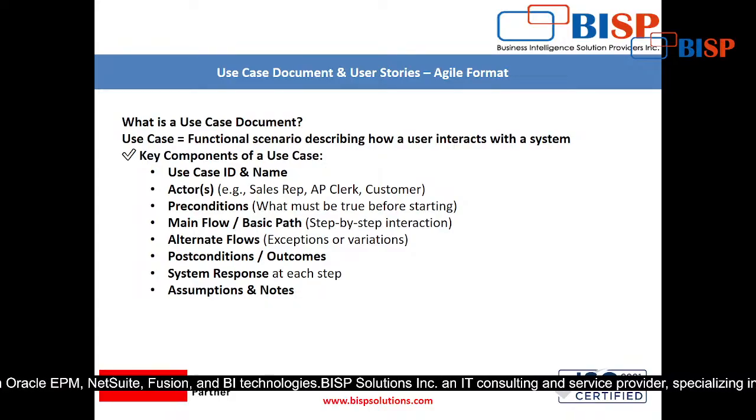So the use case document covers, while creating any item or record, what the preconditions would be, what things must exist right before that. For example, if I want to create a purchase order, the vendor details should be pre-filled. Another precondition is that the item record should be pre-filled.